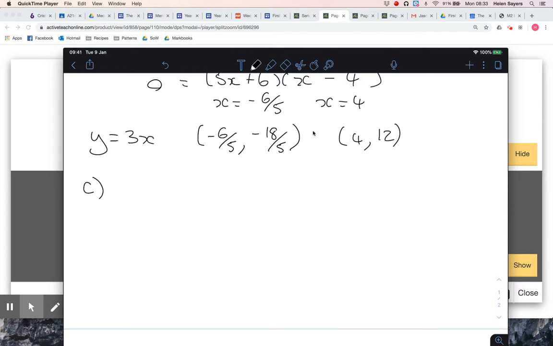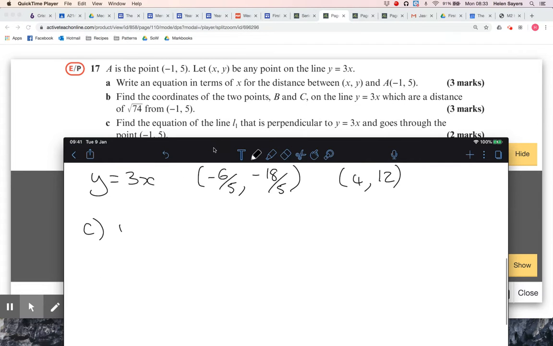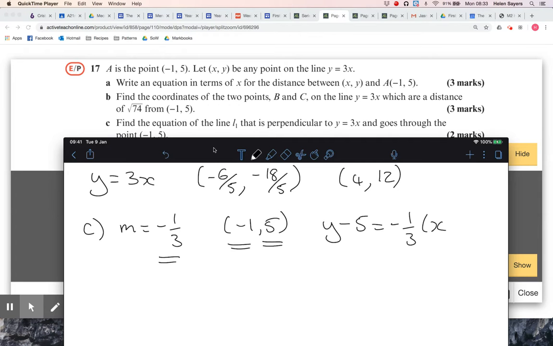So if it's perpendicular to y equals 3x, it's going to have a gradient of minus a third, and it goes through (-1, 5). So I'm going to use y minus my y coordinate is my gradient times x minus my x coordinate.